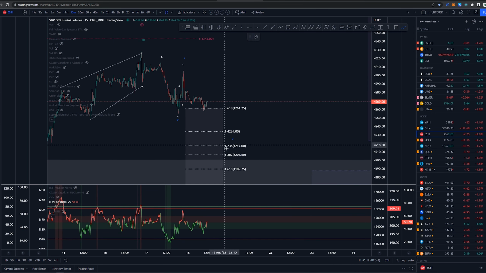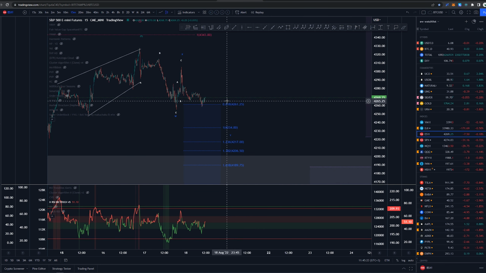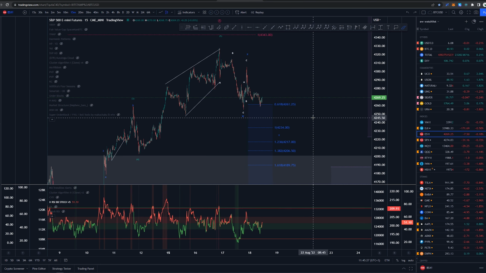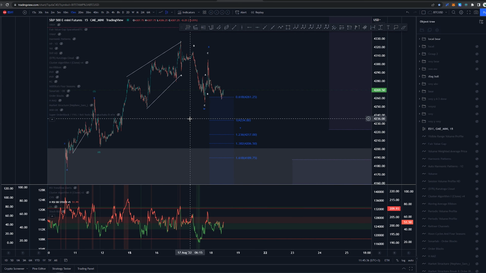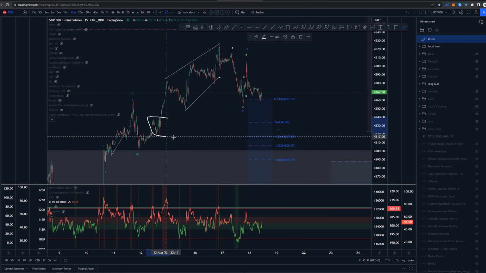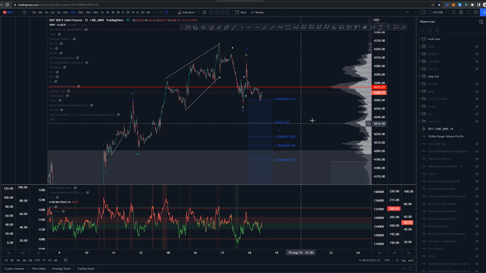And 1-to-1 extension here, this should be on blue, would be around $4,234. Let's take a look at, do we have anything? Not really on this one. Well, we do have this structure here where we had some resistance, so I feel like that could be something.